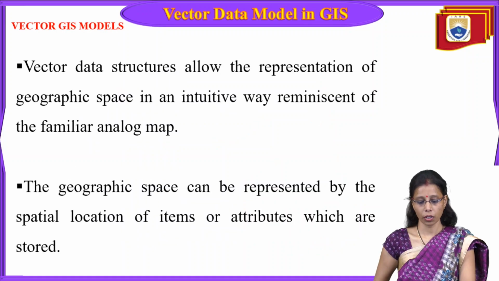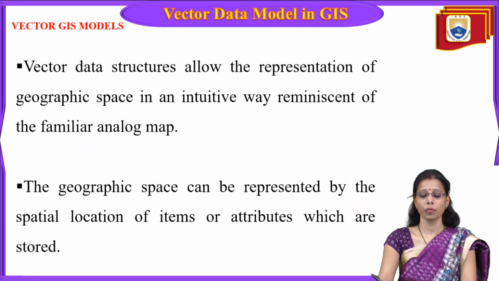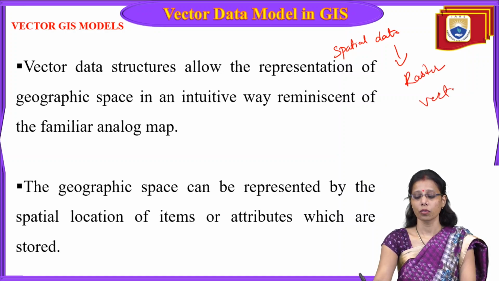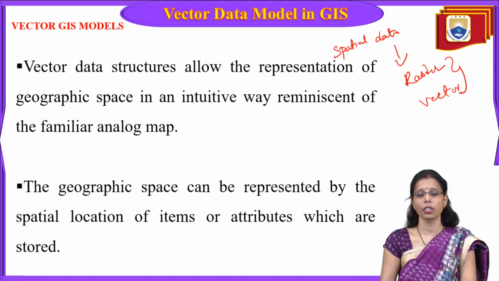First of all, what is the vector GIS model? If you remember, there are two types of data in GIS, and that is spatial data. In the spatial data, we have two types: one is raster and the other is vector. Raster data is also spatial, and vector data is also spatial.